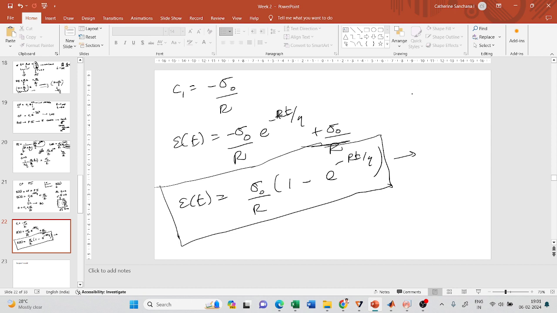So how will this look? This is what I'm applying to the material. At any point t, if I substitute t from 0 to say infinity in this equation, where this is epsilon, then the response is going to be like this.